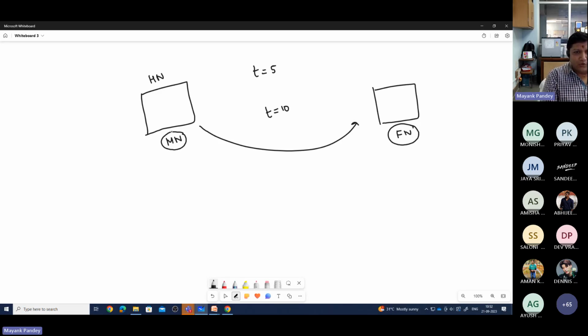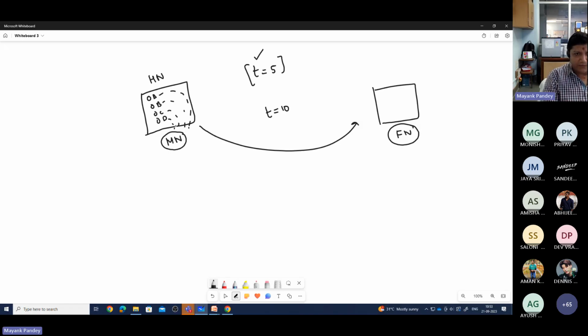When the mobile node was in this home network, the other nodes, say B, C, D, might have communicated with it.